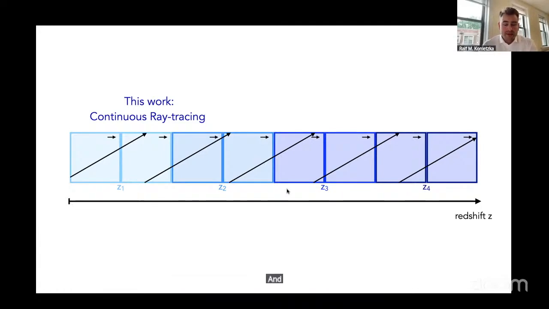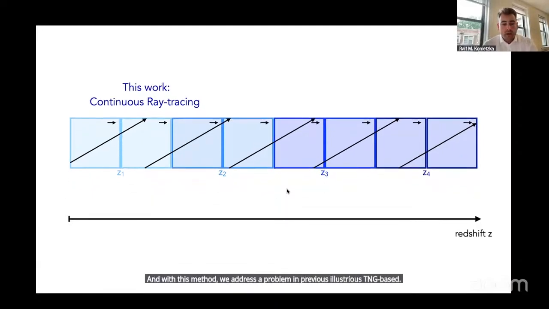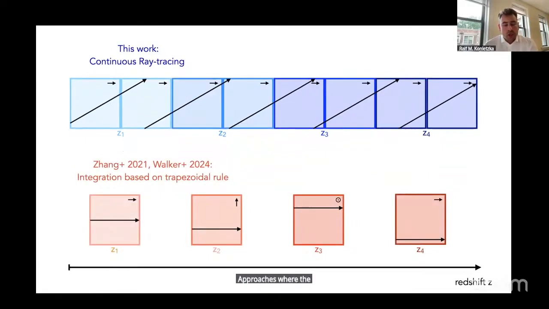With this method, we address a problem in previous IllustrisTNG-based approaches, where the integration of the path integral was based on the trapezoidal rule. This method introduced gaps between the different simulation volumes, which then led to a distortion of the final dispersion measure distribution. You can adjust the mean of the distribution with this method, but not any of the higher moments.